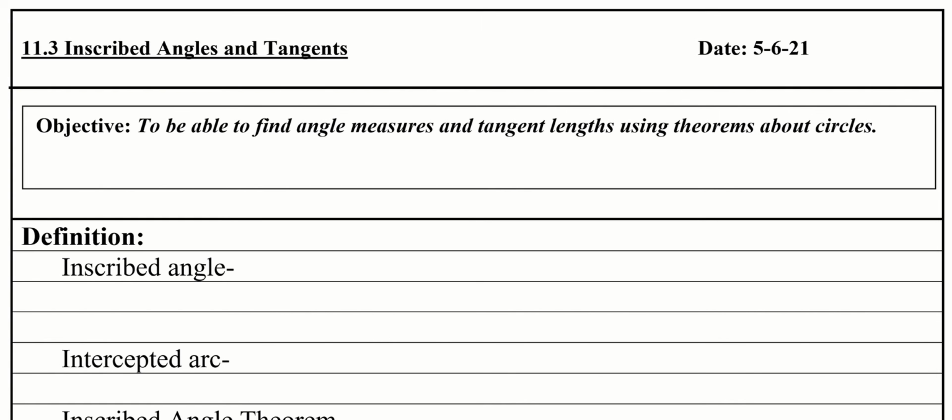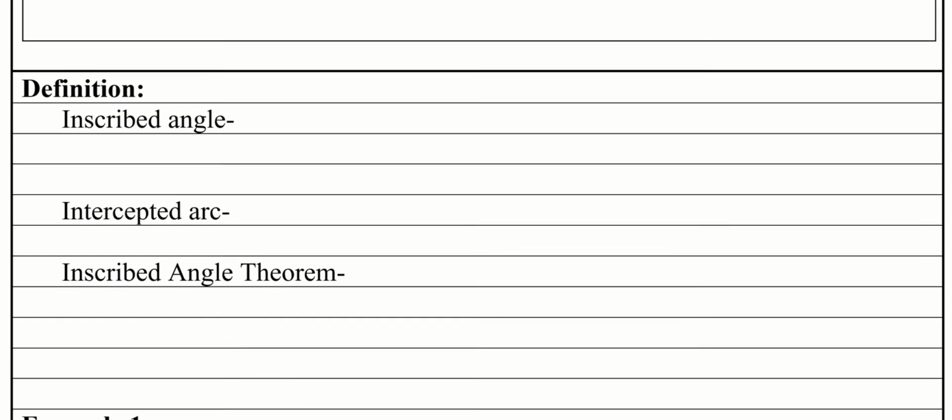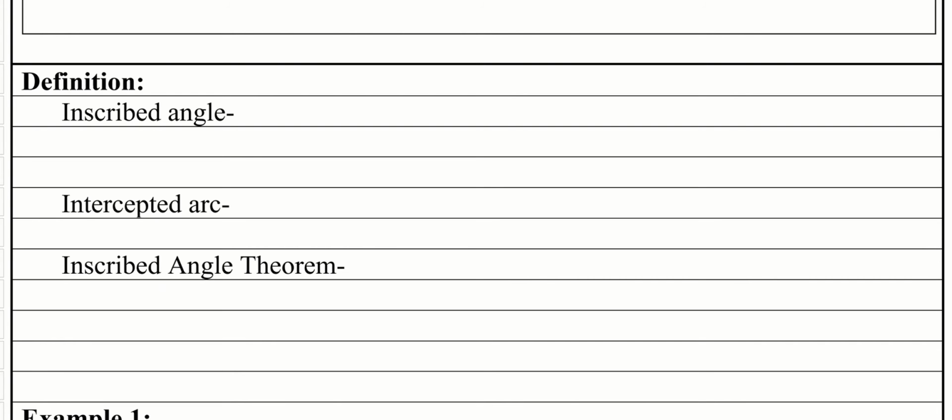Okay, so first off here, first thing we need to talk about is what's called an inscribed angle. So we've talked about a few different types of angles that we see with circles here. This next one is what we call an inscribed angle.